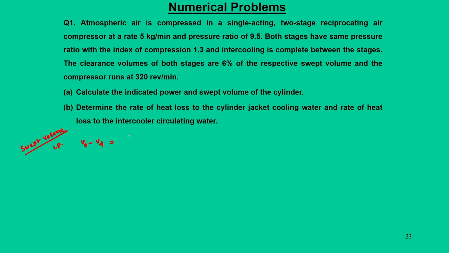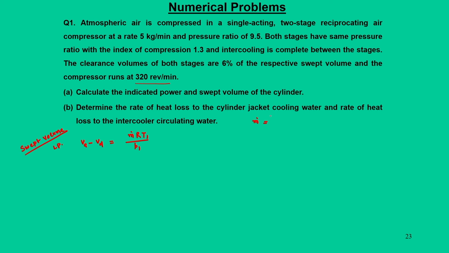We refer to that as m dot R T1 by P1, and here m dot we can write, because this is a piston compressor running at 320 revolutions per minute.